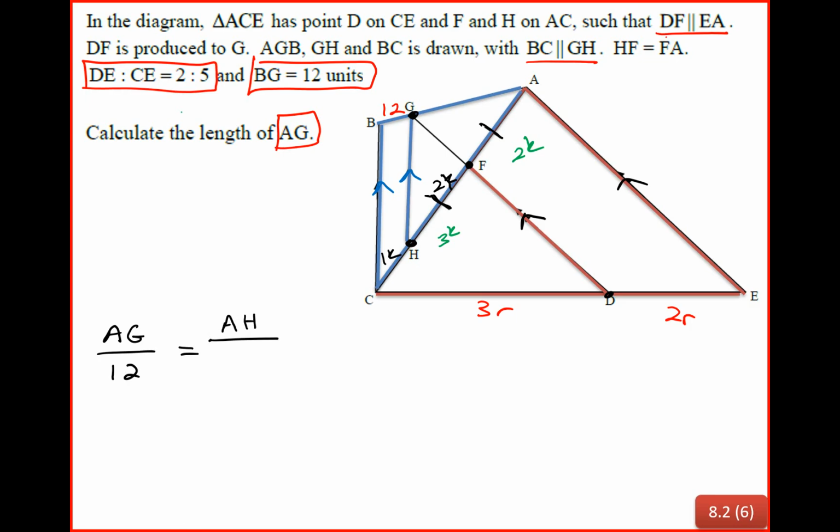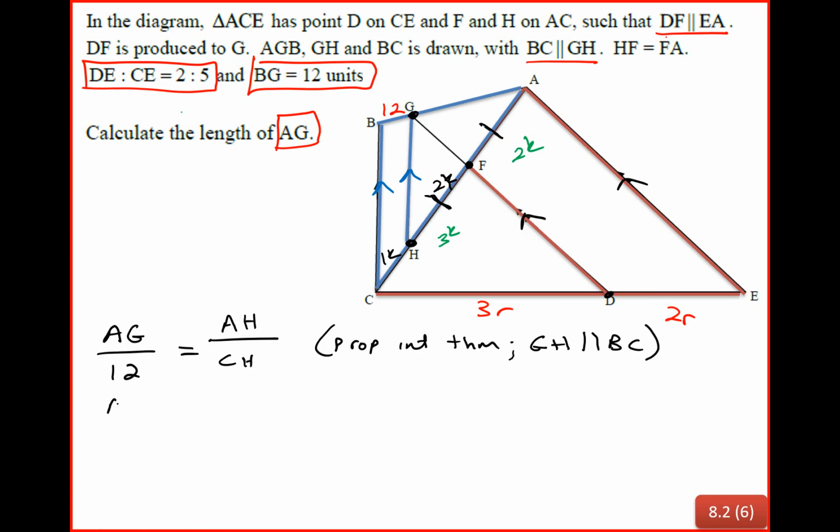over CH. And your reason here is proportionality theorem. And your lines parallel there would be GH is parallel to BC.